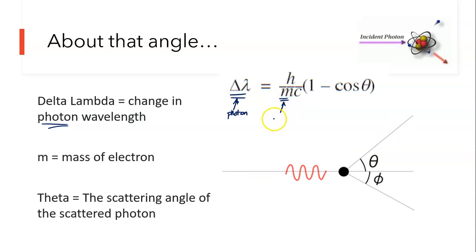This m is the mass of the electron, so this is dealing specifically with the electron. h and c are standard constants, and this theta, well, you've got two deflections: the electron deflecting and the photon deflecting. Which one is it? This theta is actually describing the change in angle of the photon, not the electron.